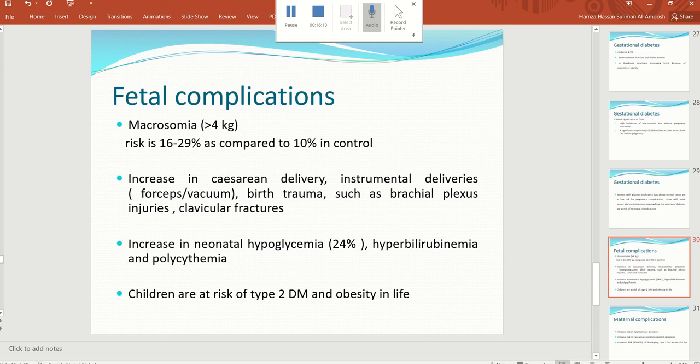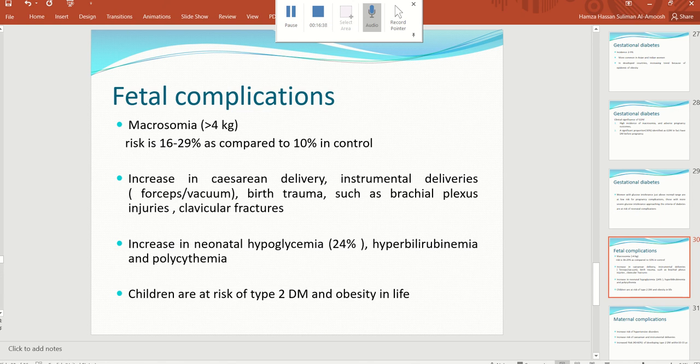The fetal complications, again, are the same as in pre-existing diabetes. Macrosomia, weight more than 4 kilograms, up to 30% compared to 10% of the control group. Increase of instrumental delivery and cesarean section, forceps, vacuum, birth trauma such as Erb's palsy, brachial plexus injury, and fracture of the clavicle.